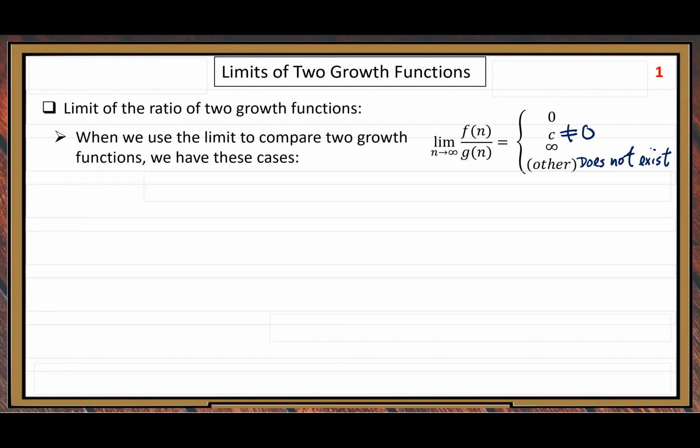Can you imagine this situation? The ratio of two functions, when n approaches infinity, the limit does not exist. Yeah. Think about that.